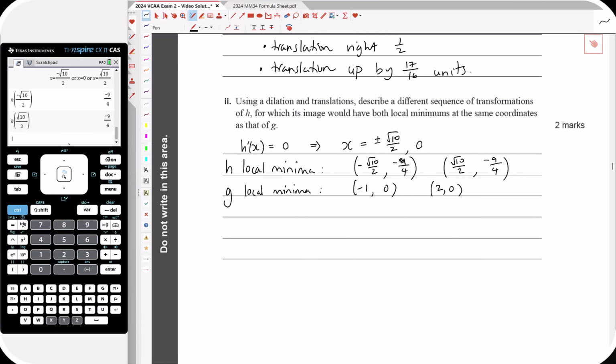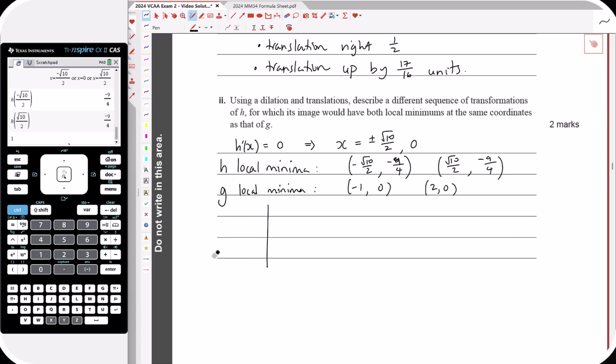So again, let's think about the graph. So let's see if we can draw them both side by side here. So we're going to have, okay, this is root 10 on 2, negative 9 on 4. This is negative root 10 on 2, negative 9 on 4. This is 0, 4.